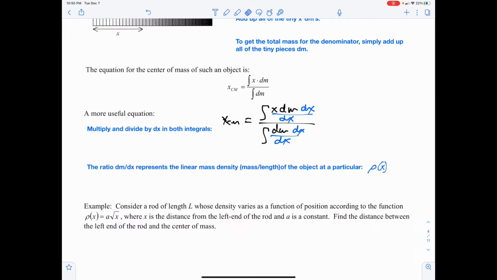Well, the ratio of dm over dx right there, which I'm going to highlight, represents the linear mass density rho of x. So we're going to be changing that into that.